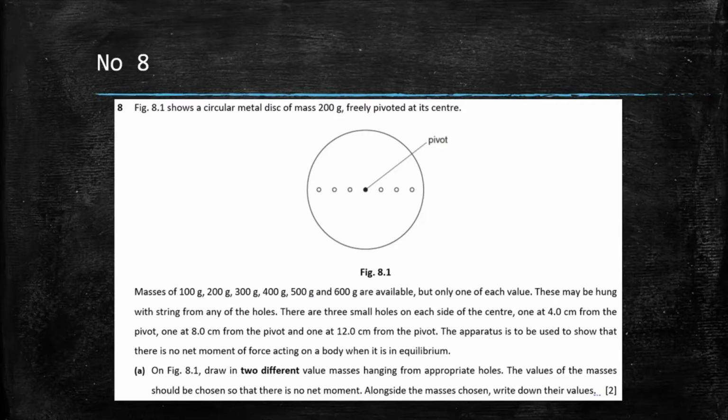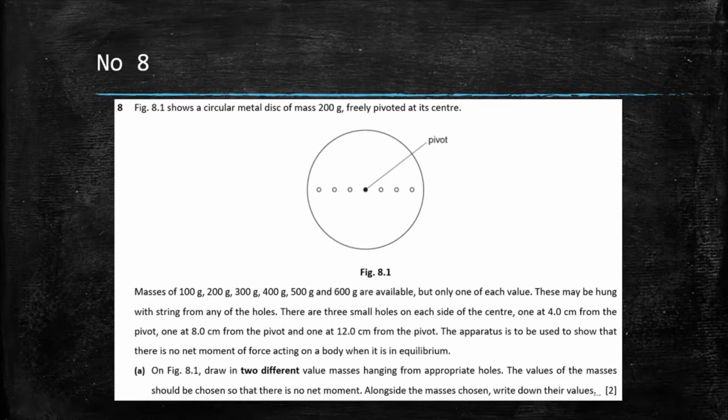Question 8a. On figure 8.1, draw in 2 different value masses hanging from appropriate holes. The values of the masses should be chosen so that there is no net moment. Alongside the masses chosen, write down their values.